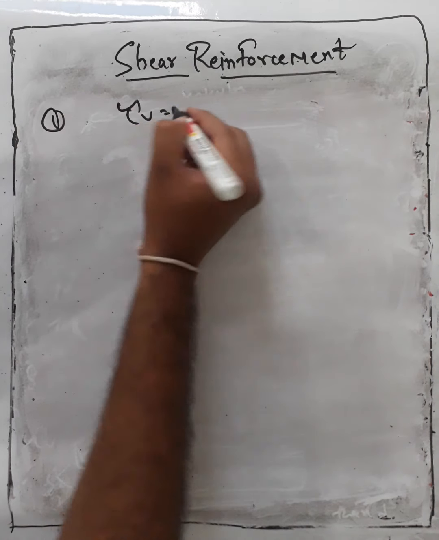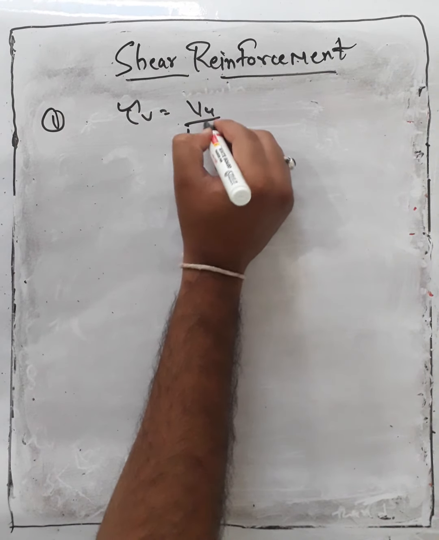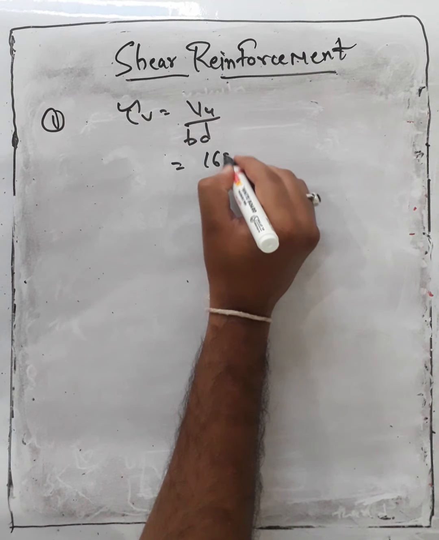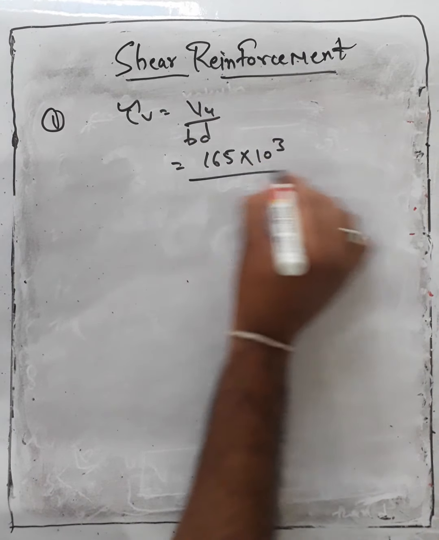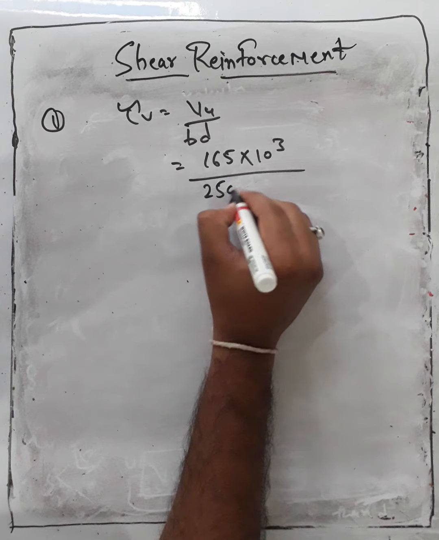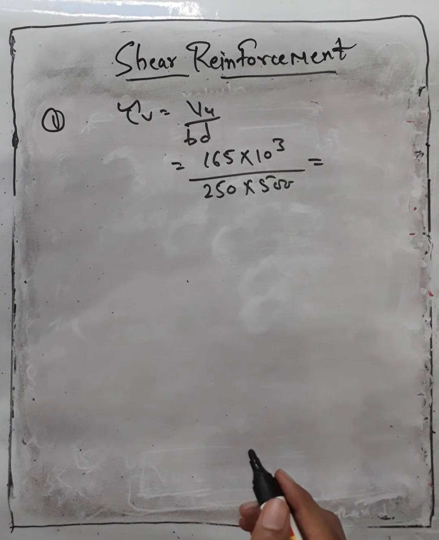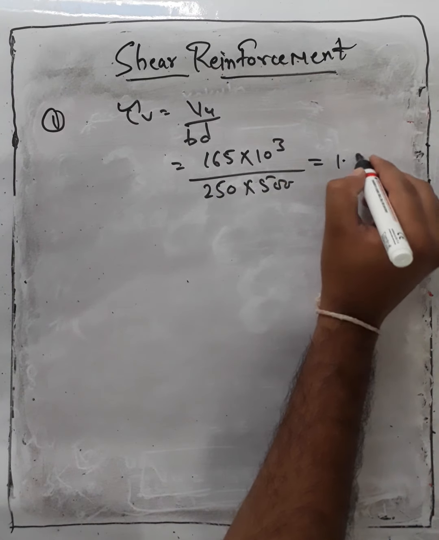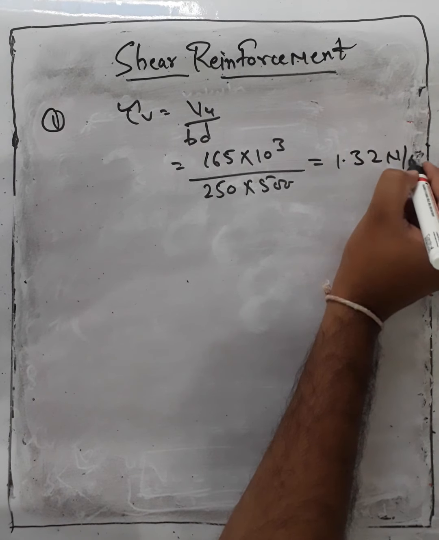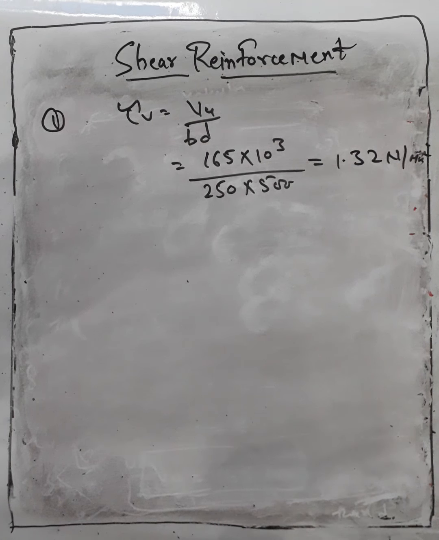So tau v is equal to Vu upon bd, and Vu is equal to 165, which we already found, divided by 250 into 500. Here we get 1.32 Newton per mm square.